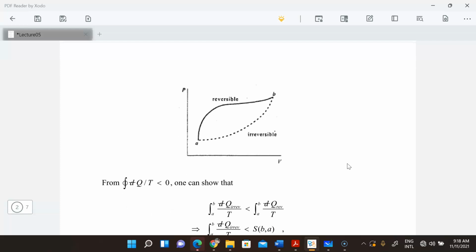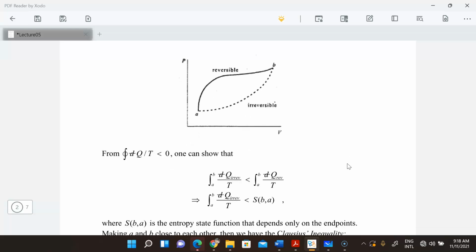We make the cycle to be composed of two different paths. One of the paths is going to be reversible. So the top one is reversible, and the bottom one will be irreversible. And then the composite thing, the whole cycle, so to speak, is actually an irreversible cycle, because part of it is irreversible.